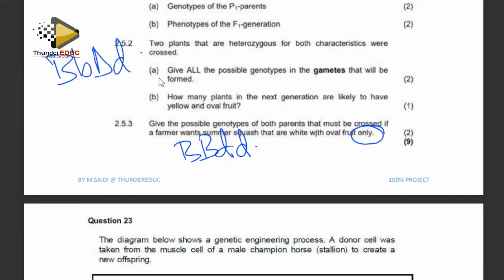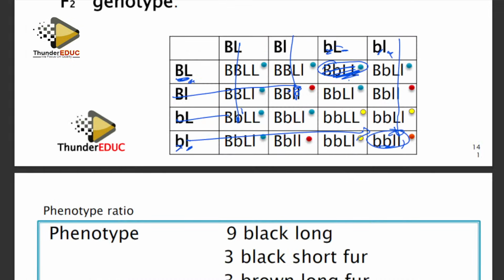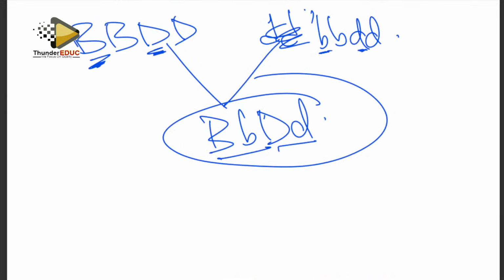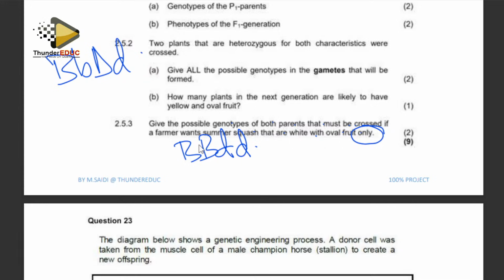It's only one. So if you cross with that, will you manage to get that? This is the condition. If you look at the genotype, the question is asking you to give the possible genotypes of the parents that must be crossed if the farmer wants the squash which are white.